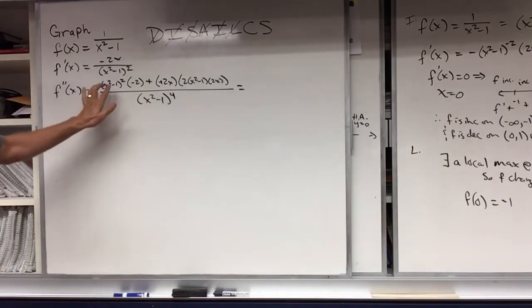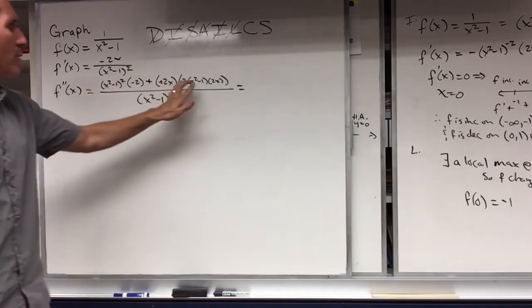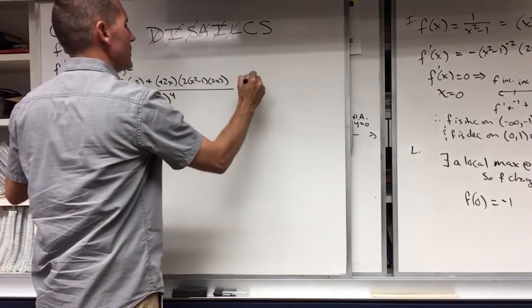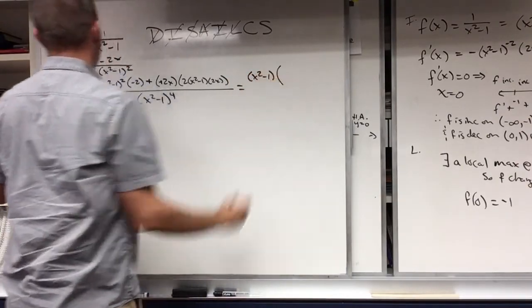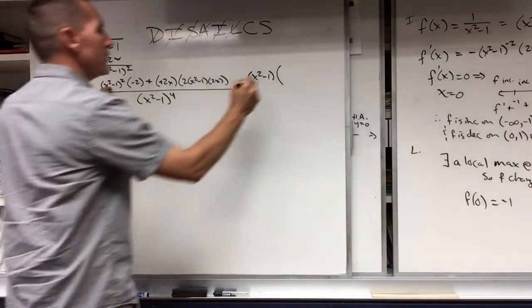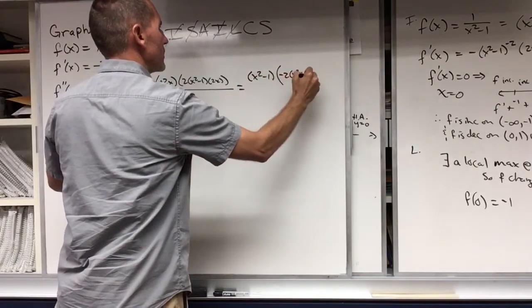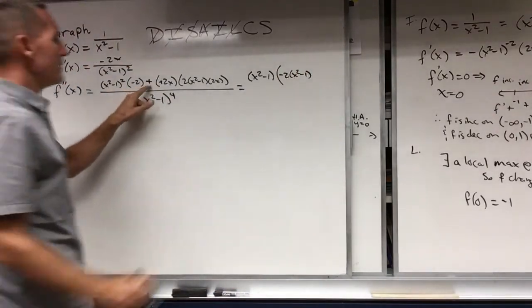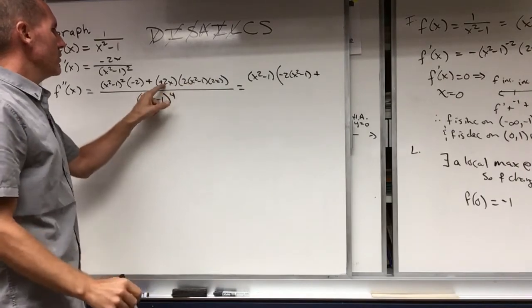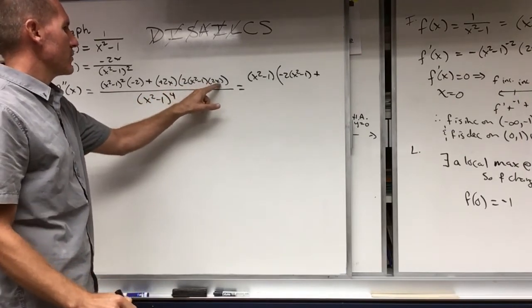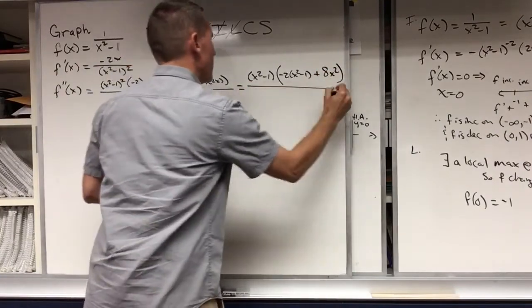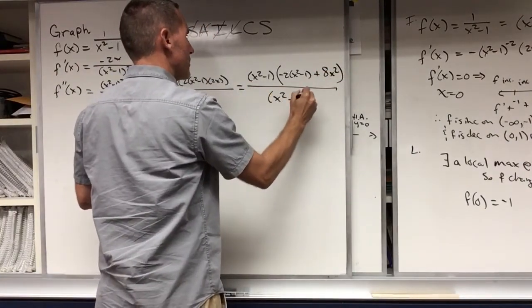I also see that there's an x squared minus 1 squared, x squared minus 1 to the first. So I can pull out an x squared minus 1 term, and I'm left with negative 2 times quantity x squared minus 1 plus, and if I pulled that guy out, I'm just left with 2x times 2x, so that's 4x squared times 2 is 8x squared, all over x squared minus 1 to the 4th.